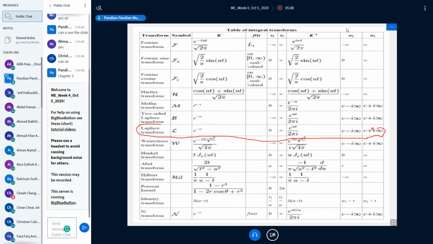The rest we do not need. So for Laplace transform, this is L. K is this function, and f(t) we define on t from 0 to infinity. This K inverse we will see later.